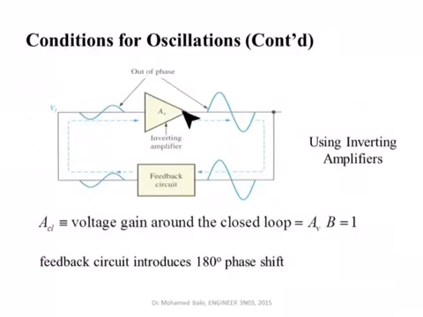So if the gain here is, say, -10, and this one has an amplitude of 1 volt, this one will have an amplitude of 10, but with a phase inversion. Now if you take this output signal and pass it through a feedback network that attenuates the signal and also gives a phase inversion by 180 degrees. So if the gain here was -10, the attenuation here will be equal to -0.1.